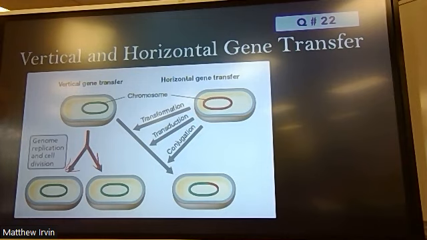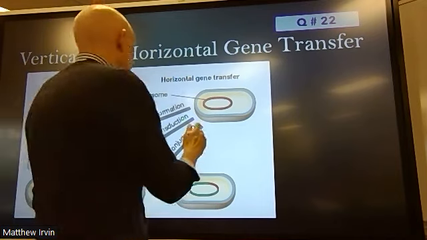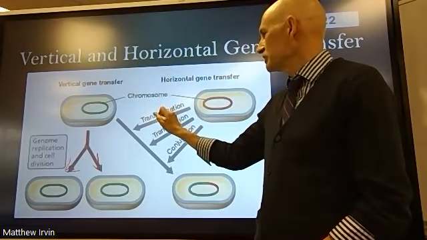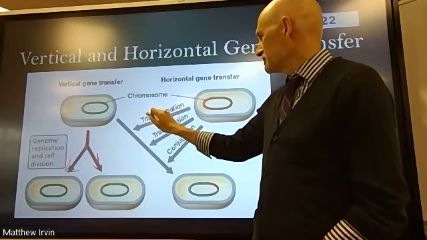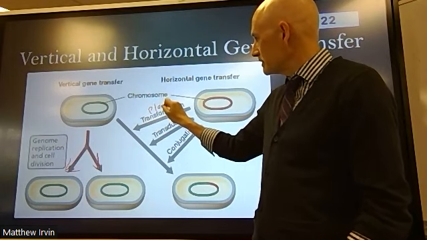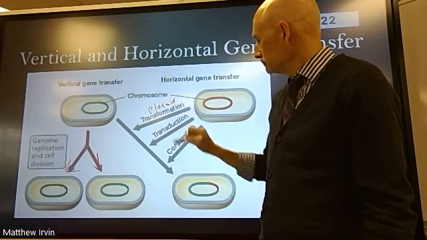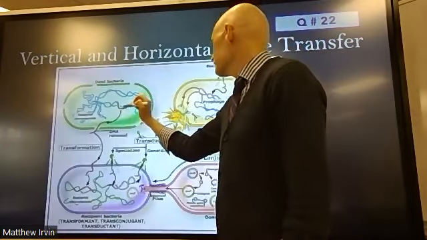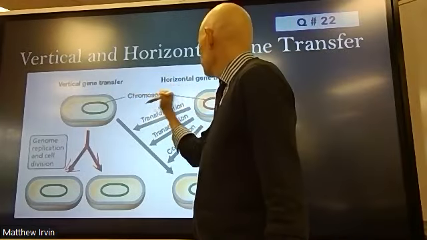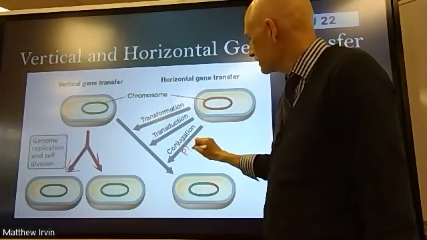Horizontal gene transfer would be when you get DNA from one bacterium to another. So transformation, remember that is simply going to be using plasmid transfer. No, sorry, let's flip that. This is plasmid transfer.